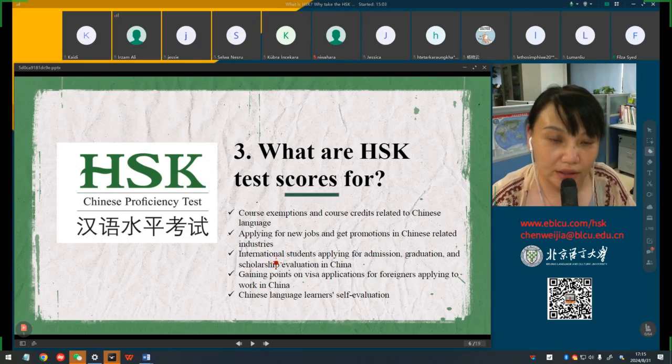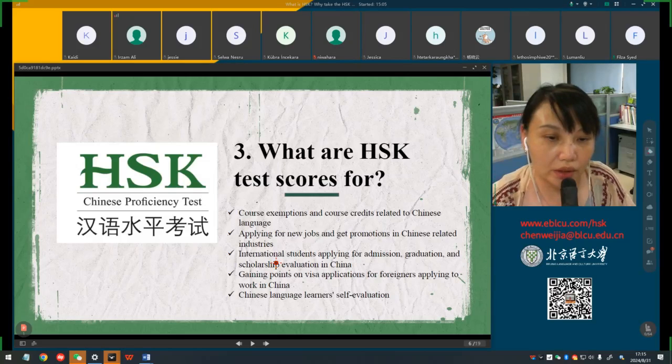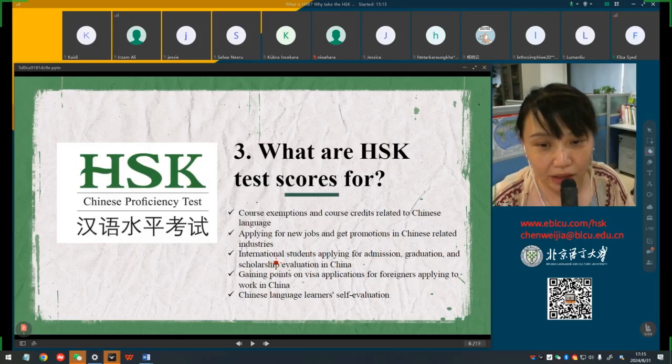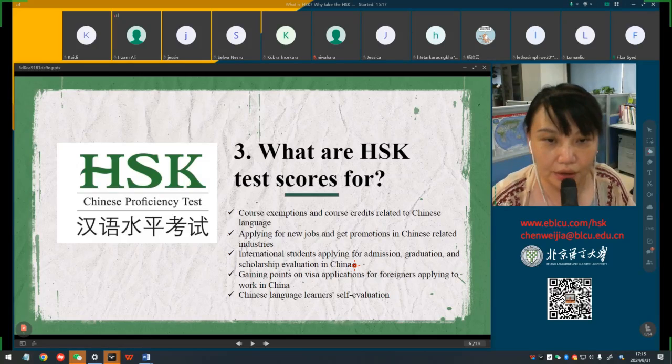And also for international students, if you want to apply for a school, in some Chinese related majors for graduation, they also require a certain HSK level.